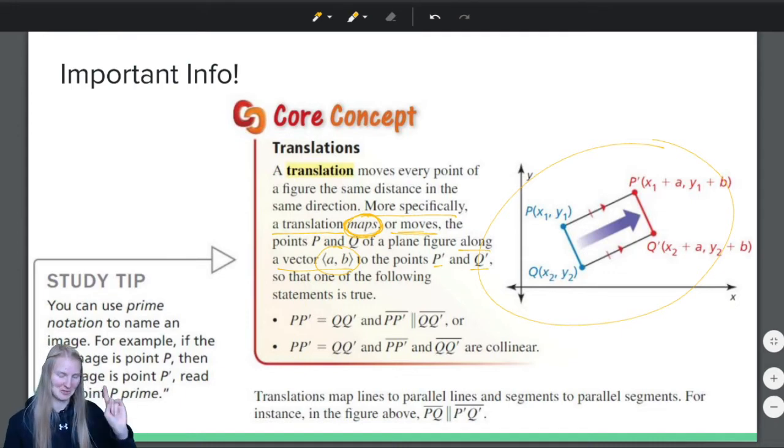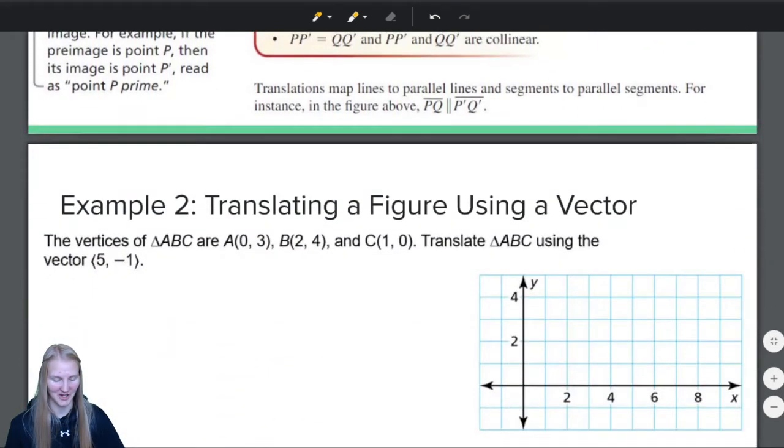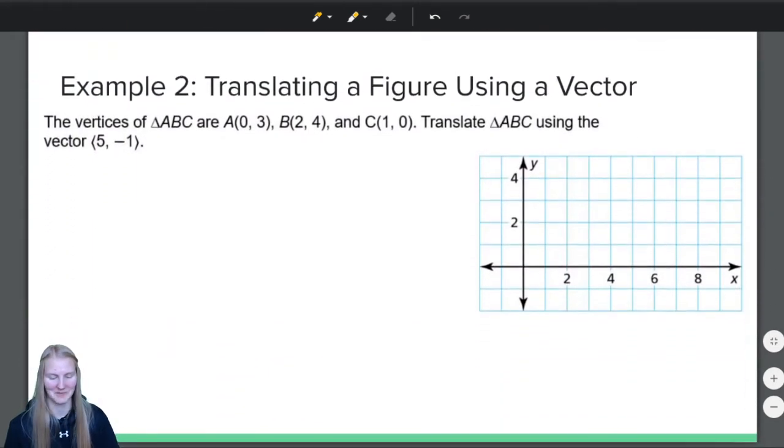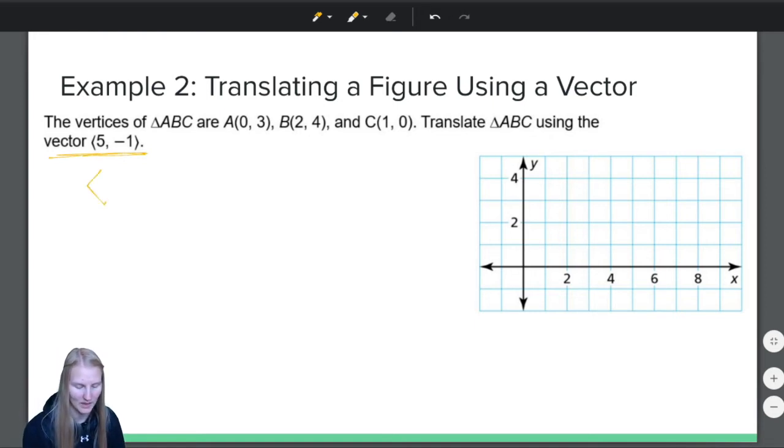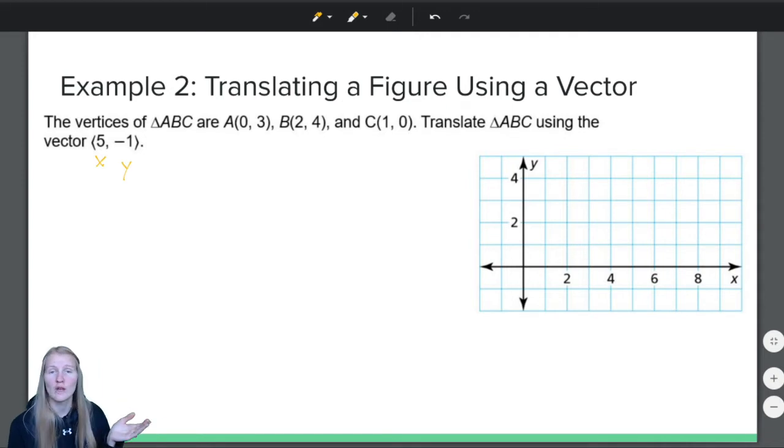Okay, let's move on to our first example for today. Translating a figure using a vector. Now, when you see this vector with these pointy brackets like this, the first number has to do with x, the second number has to do with y.